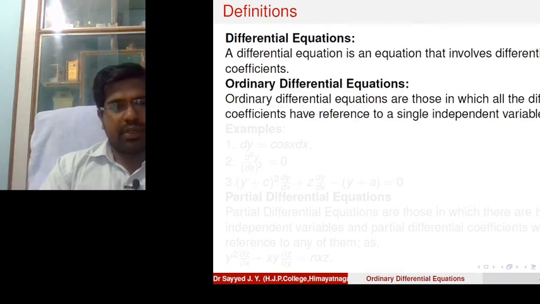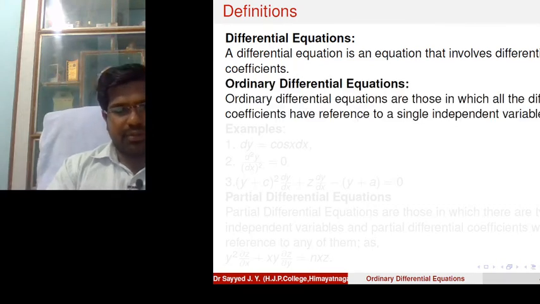Now what is meant by ordinary differential equation? Ordinary differential equations are those in which all the differential coefficients have reference to a single independent variable. In first year also we have seen that a differential equation contains one independent variable or sometimes more independent variables.